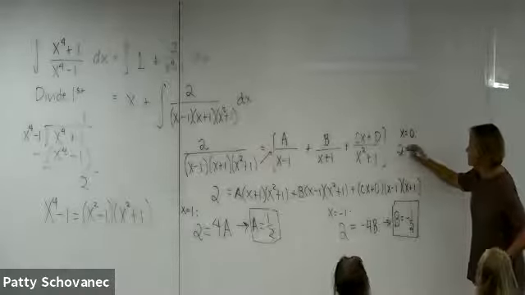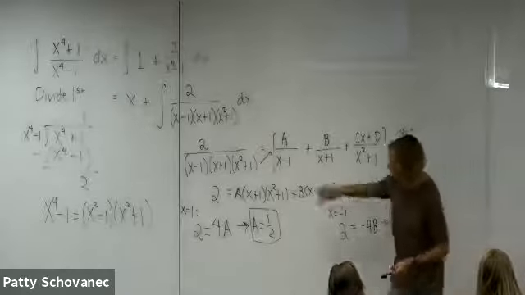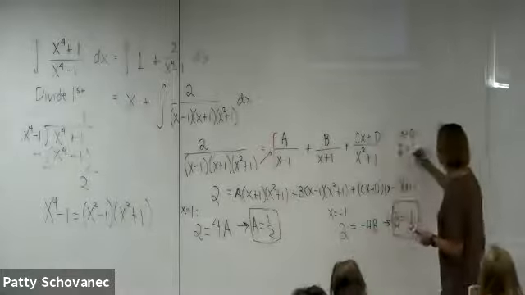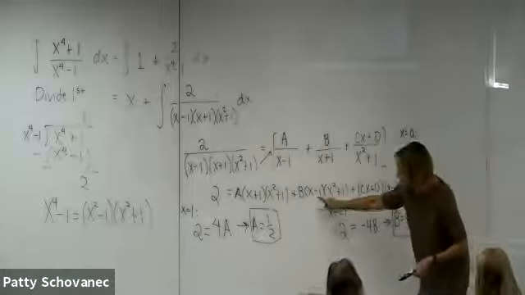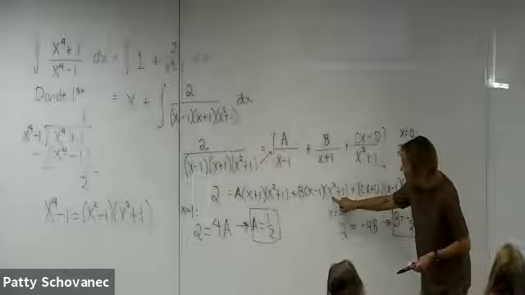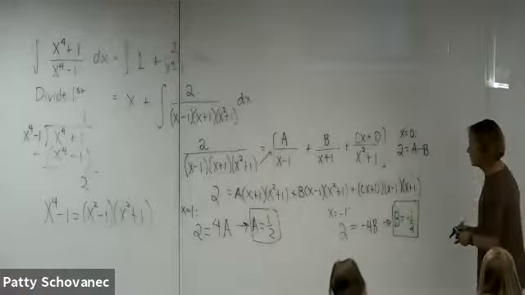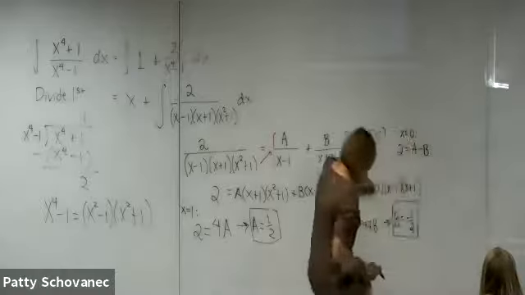So I get 2 is equal to, let's see, this is going to be 0. So 1 times 1 is 1 times A. x is 0. I get -1 times 1 is -1 times B. If x is 0, that term's gone.